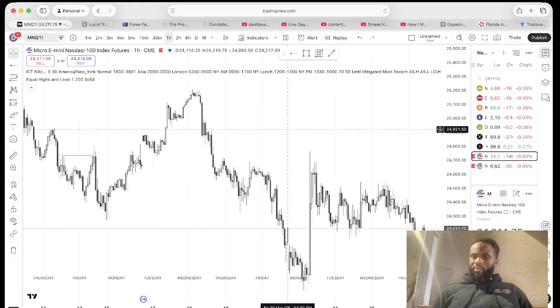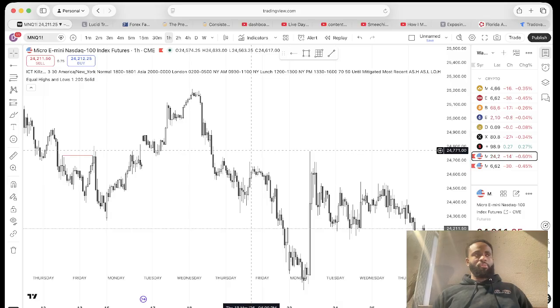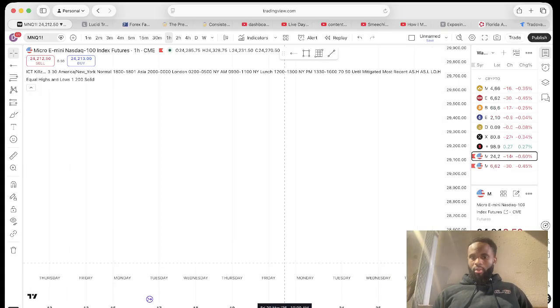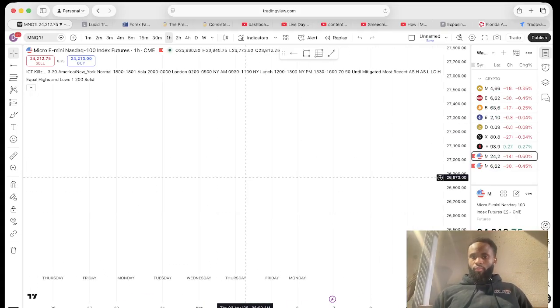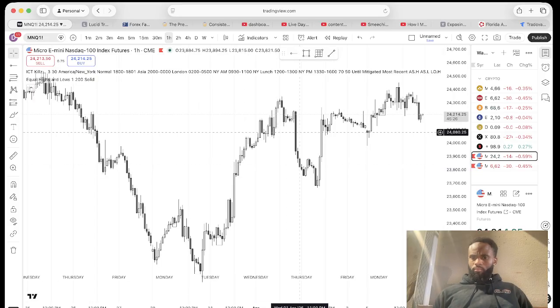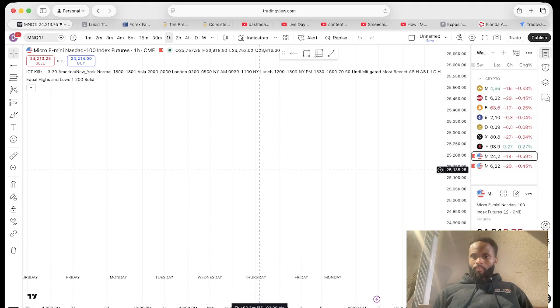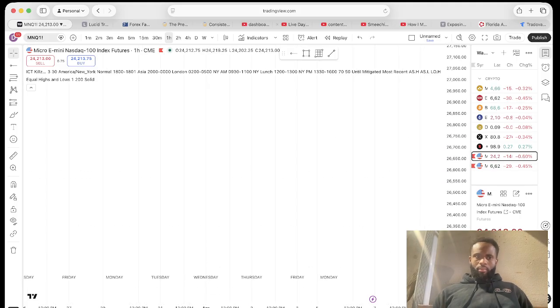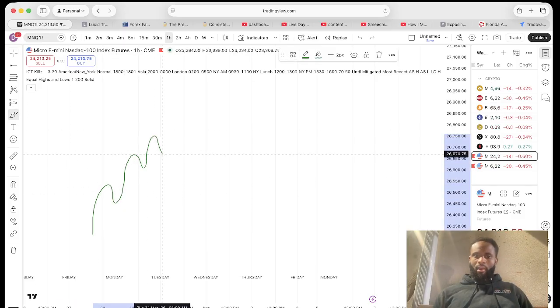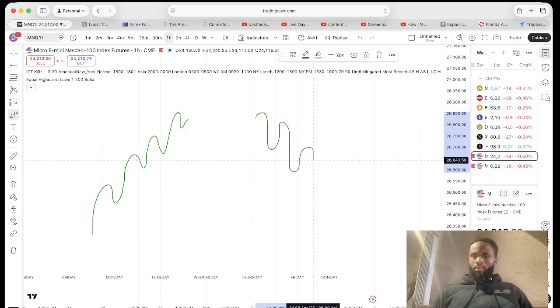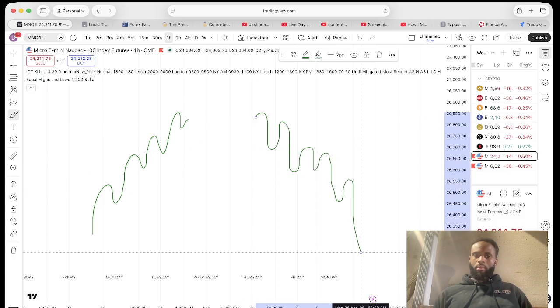But yeah, the market pretty much only moves in 3 different ways. I forgot to tell you guys the last way the market moves. Sometimes the market is either going higher high, higher low, or the market is going lower high, lower low, lower high, lower low.